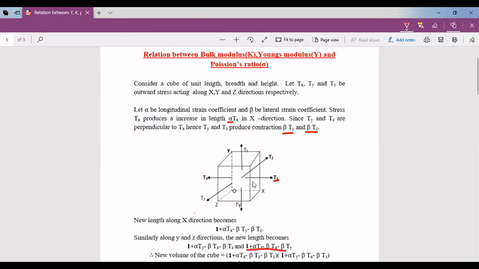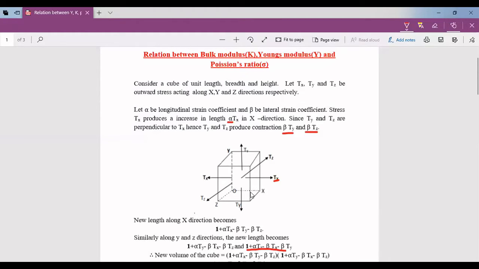You are pulling one face of the cube towards the right along the x direction, and towards the left side of the cube also you are applying a stress. So you are pulling in opposite x directions, so that the length of the cube increases.